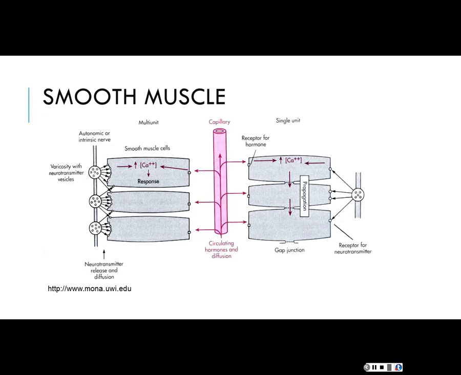So a pacemaker cell controls the contractile activity of our contractile cells. The job of the contractile cells is right there in the name. They contract. They generate force, generate tension.